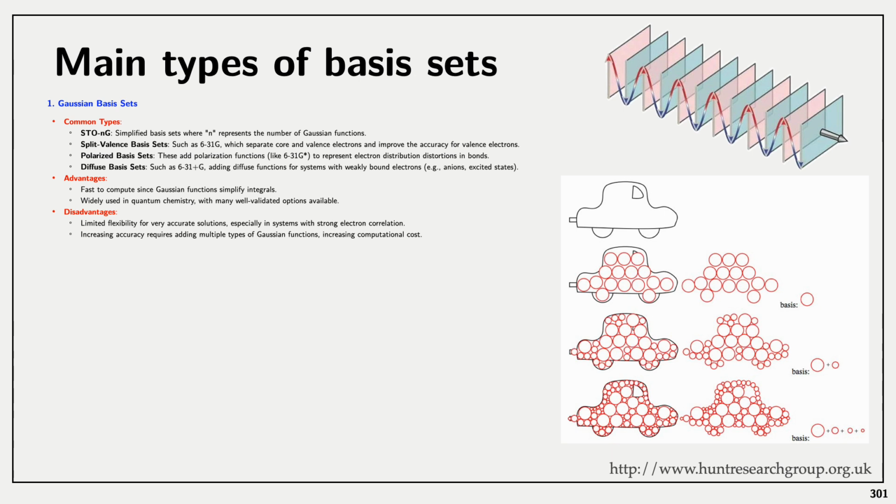I mean, this is actually not exactly true. There have been people like Dunning and others who have developed methods to do a more systematic understanding of convergence of basis sets. But this is not a continuous and systematic improvement of the basis. So this makes it a little bit more complicated to do convergence studies.